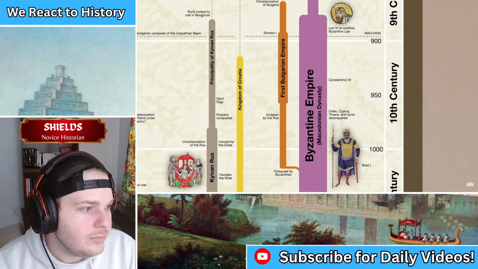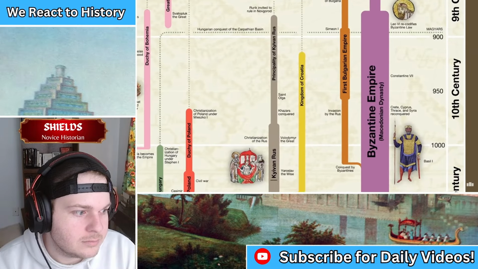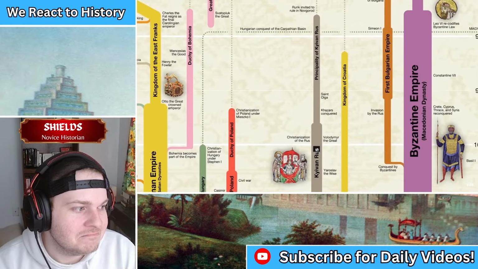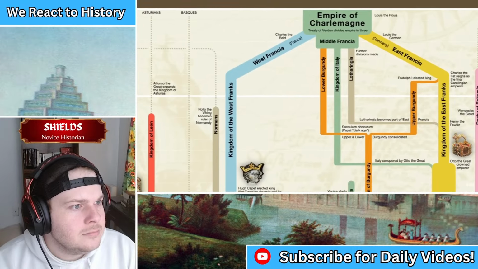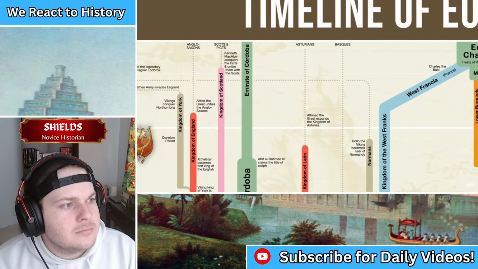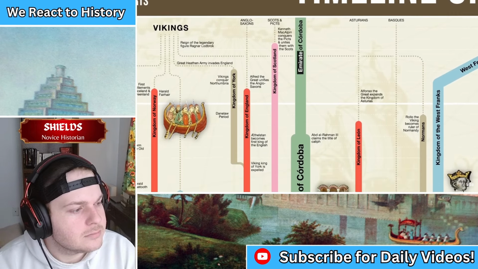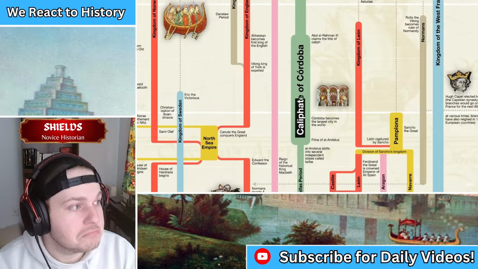Another nearby people group that interacted with the Byzantines at this time were the Rus, who built a Christianized state around the city of Kiev. We'll come back to them in a bit, but for now, let's move over to Spain, which had been conquered by Muslims about a century before the start of this chart. There, the Emirate of Cordoba had been established, which eventually became the Caliphate of Cordoba.